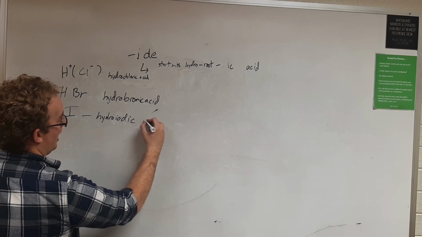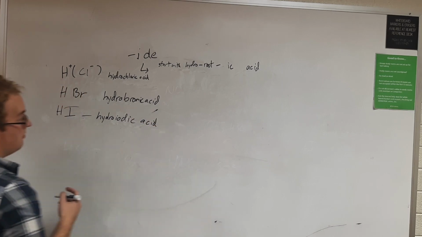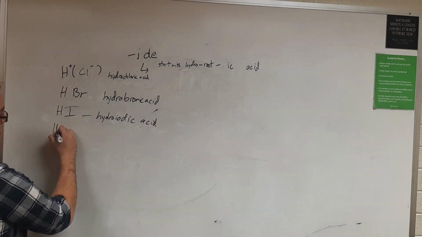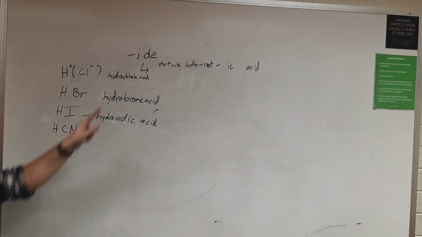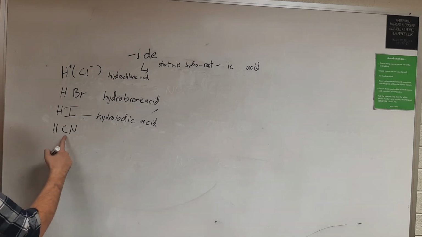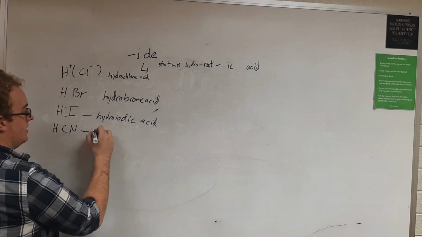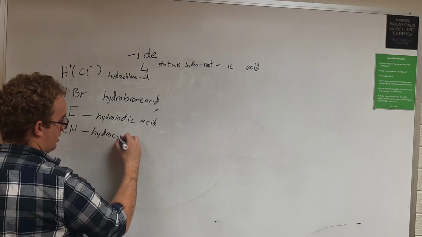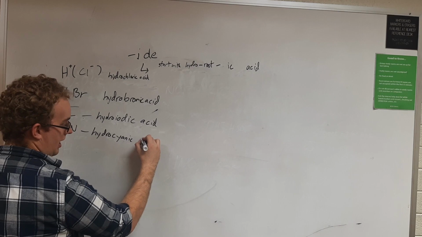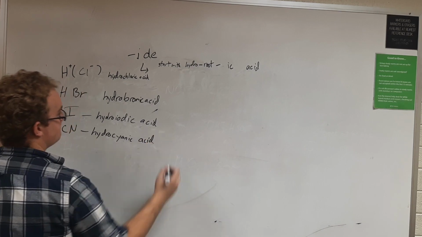Hydroiodic acid. One more, this one's kind of tricky. We have HCN. This is pretty much the only example of a polyatomic ion ending with IDE, right? This is cyanide. This is hydrocyanic acid. And there you go.